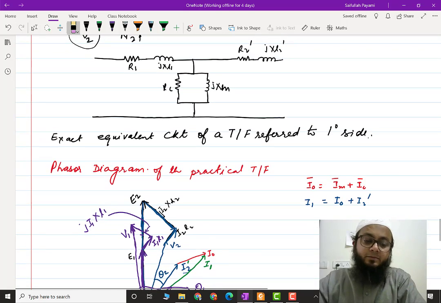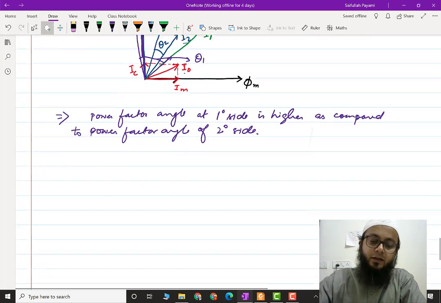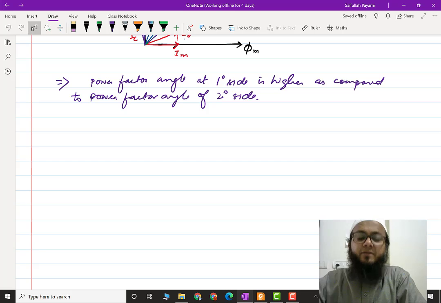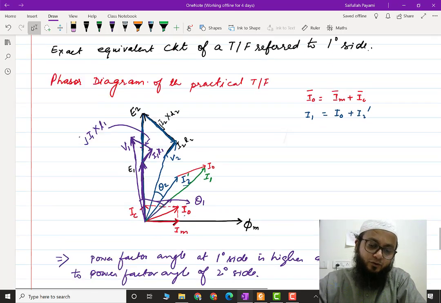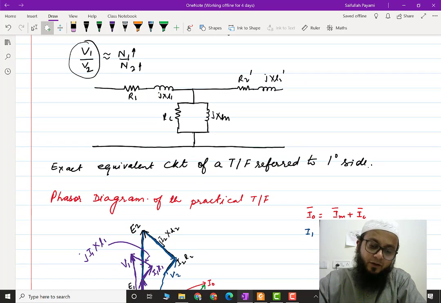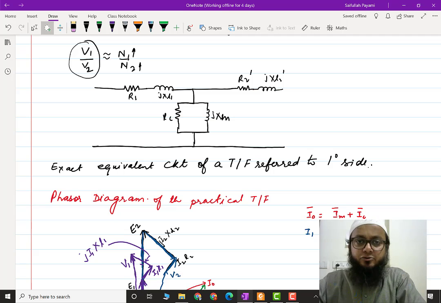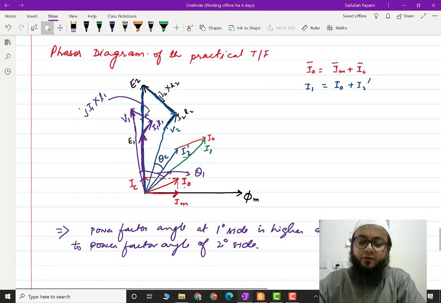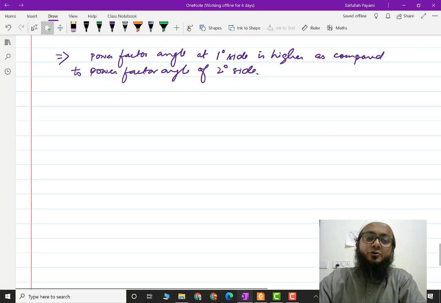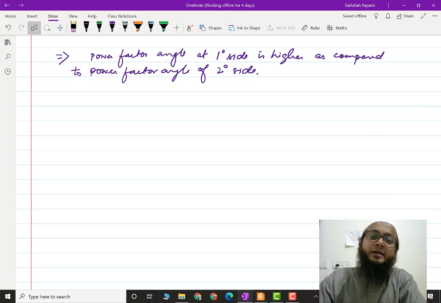Now sometimes, for some applications, it is tedious to solve this kind of equivalent circuit diagram where you have shunt branch parameters in the middle of it. So for some applications, we can approximate the equivalent circuit diagram of a transformer.